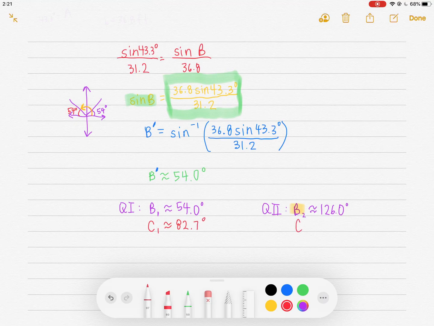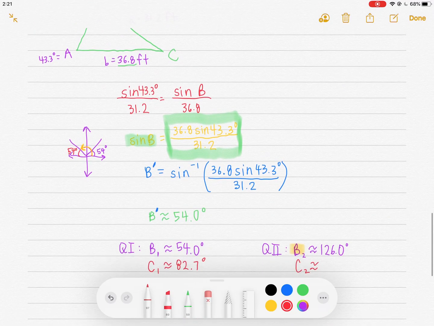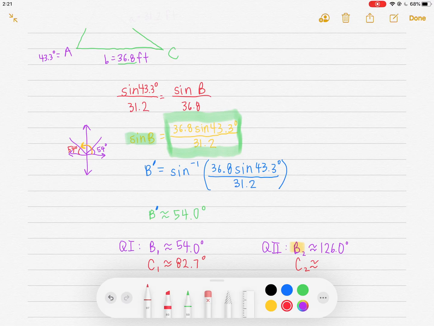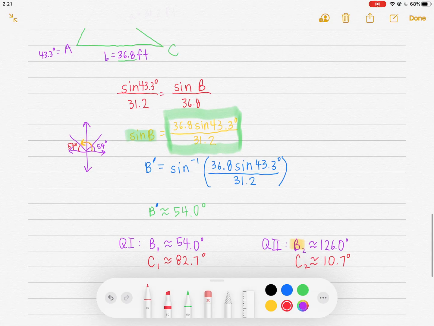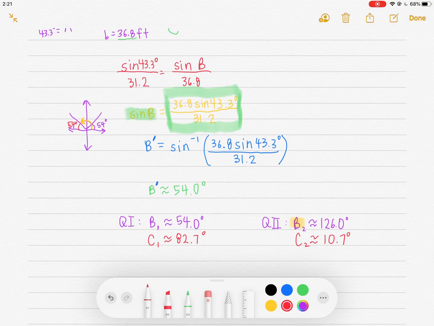What about big C2? So again, 180 minus our 43.3 minus 126 gives us a C2 of 10.7 degrees.